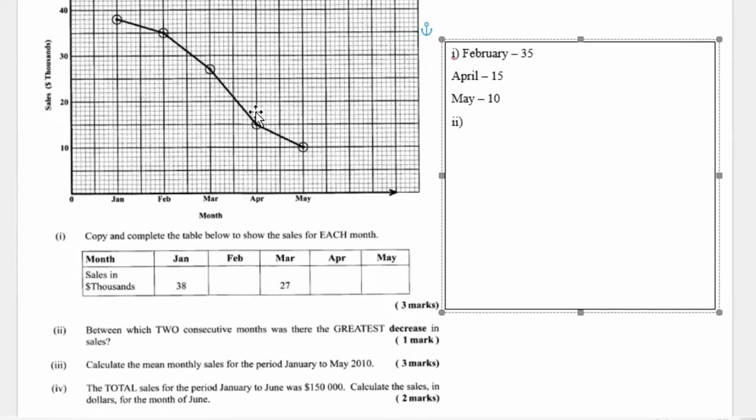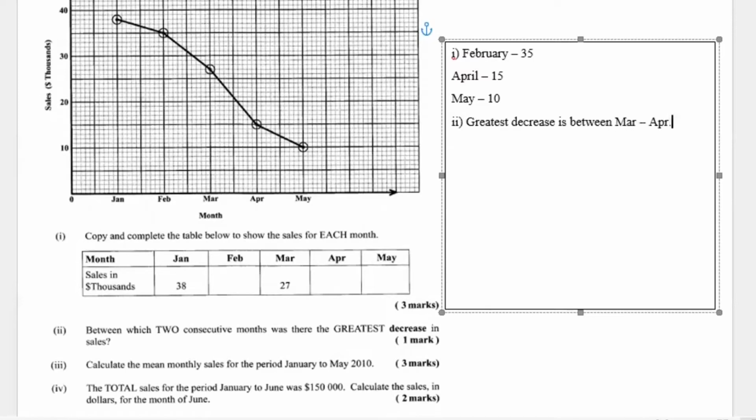So it is the steepest line, which means that it has the greatest gradient, and that would be representing the one which has the greatest decrease in sale. So for the first step, we can say greatest decrease is between this would be March to April.